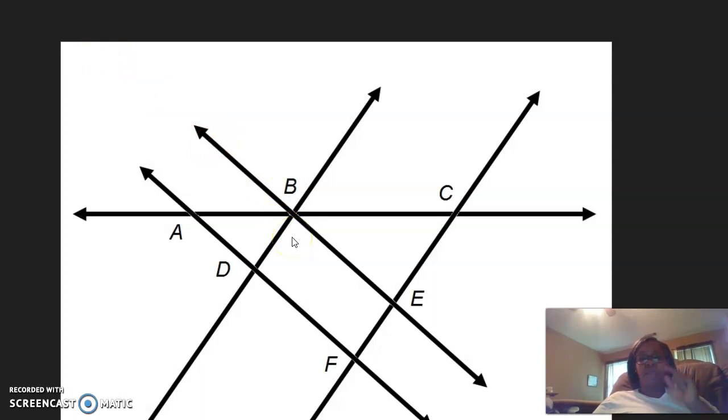Let's see if we could find some sets of perpendicular lines. We can see right here, this appears to be perpendicular because this looks like it forms a 90-degree angle here. Unlike here, where these cross, we can see that they're just intersecting lines, okay?